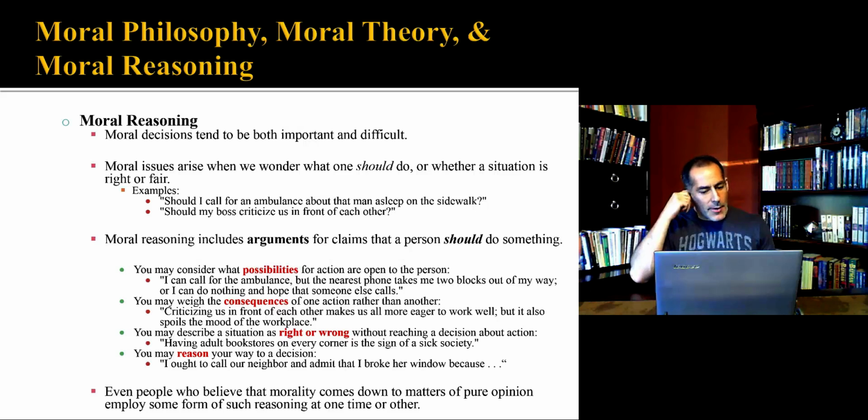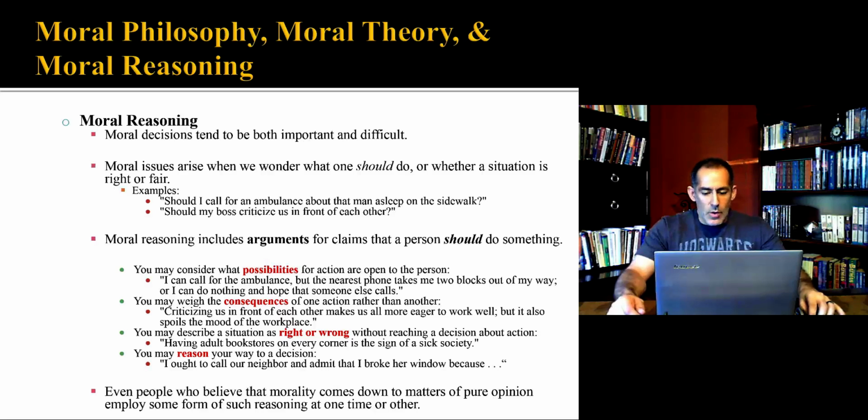Last thing, moral reasoning. This is kind of a primer on reasoning through moral things, moral arguments, really. And it does talk a little bit about arguments as to how a person should do something. I want to look at, for instance, some of the clue words that you're going to come up with. So this slide, basically just read through it kind of quickly. Moral decisions tend to be both difficult and important.